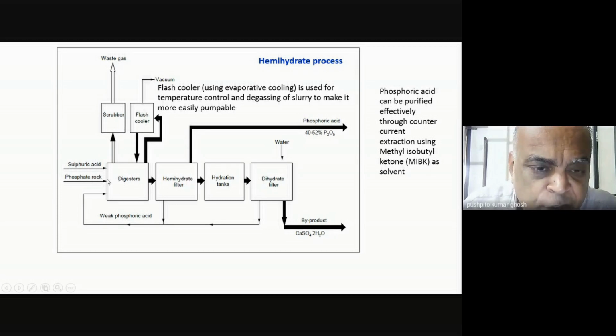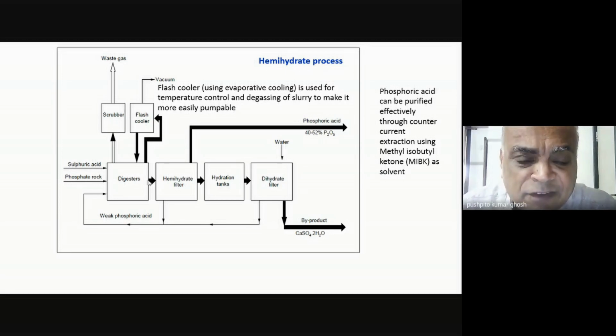When you are actually doing this reaction, sometimes you'll find that some of the solid material could have entrapped gases, because gases like HF etc. are being formed. Once you have these kinds of slurries with entrapped gases, it can alter the viscosity profile of that slurry, and that can make pumping quite difficult.